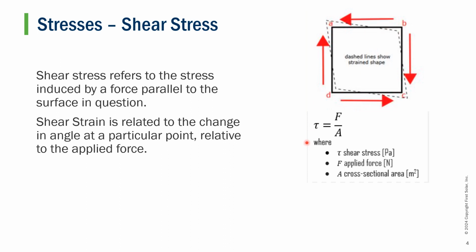And we're able to relate our shear stress to this parallel force divided by the cross-sectional area of the side of the square or whatever member you're looking at. And the strain due to shear stress, shear strain, is related to the change in angle at a particular point relative to the force applied.